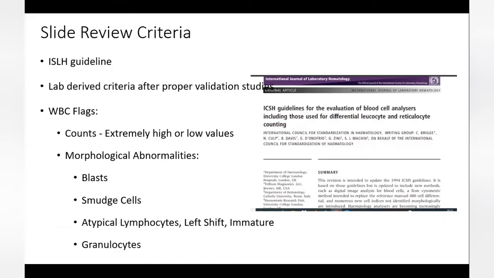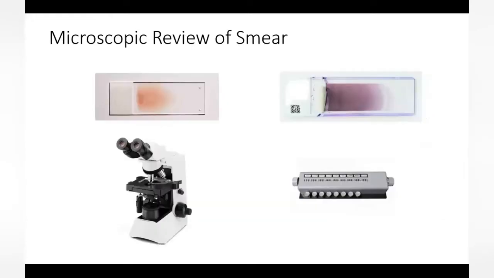Especially if it's an NABL accredited laboratory, we have to be more cautious on what kind of review criteria we're using. And we also have critical alerts and panic alerts that have to be defined, and that also carry a lot of weightage and importance while reporting, because you have to make a specific call to the patient or the clinician, informing them about the extremely high or low values.